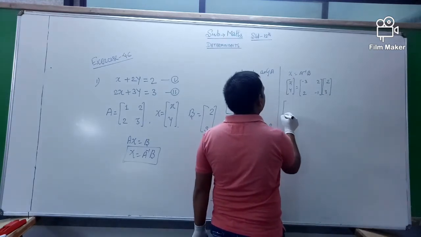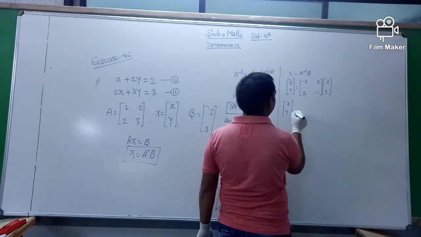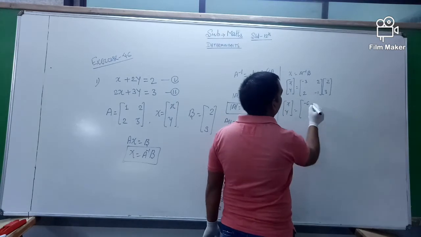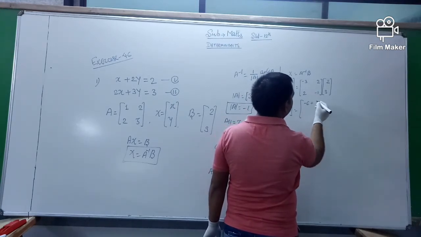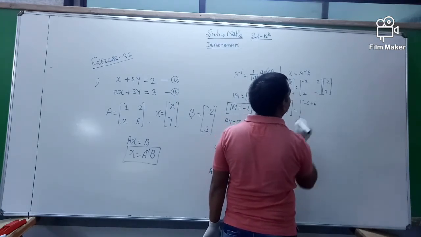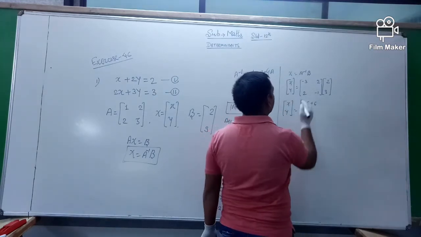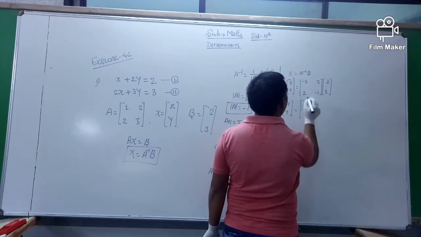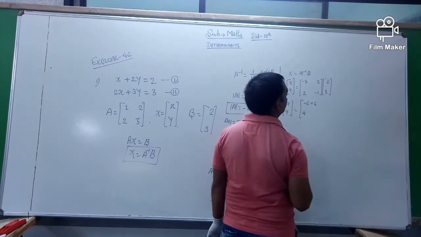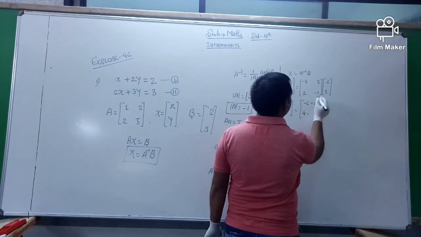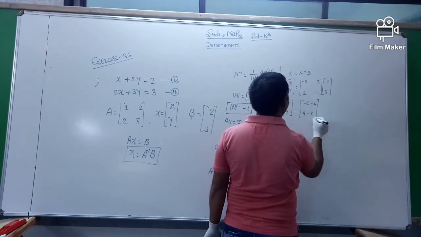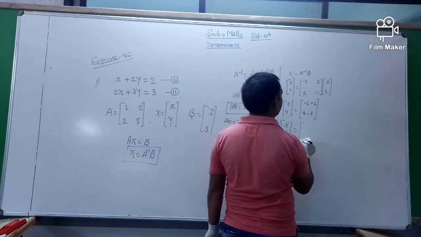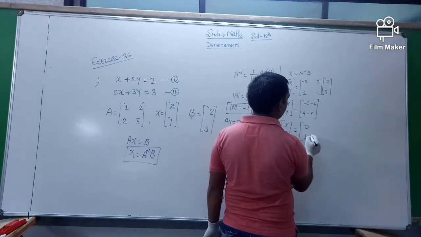So the matrix of x and y is: 3 times 2 is 6, so minus 6 plus 2 times 3 is 6, which gives 0. Then for the second row, 2 times 2 is 4 and minus 3 times 1 is 3. So x and y is equal to 0 and 1.